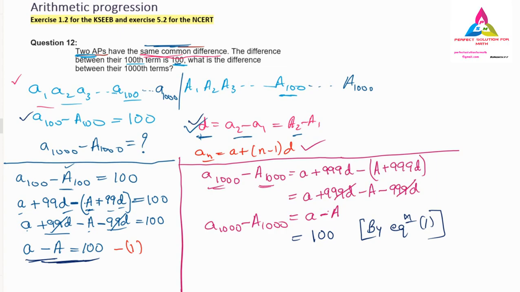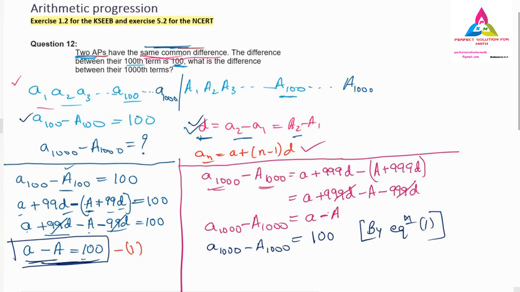So this is our answer. Like this, they will give any type of question, but you must be ready to answer that. It is not so tough, it is easy, but we have to understand the question correctly. If you understand the question correctly, we can solve this problem very easily.